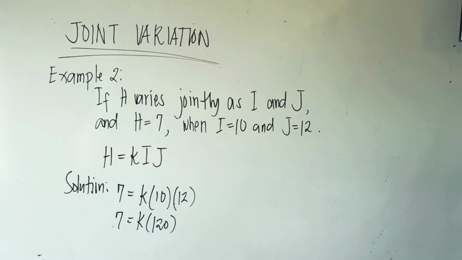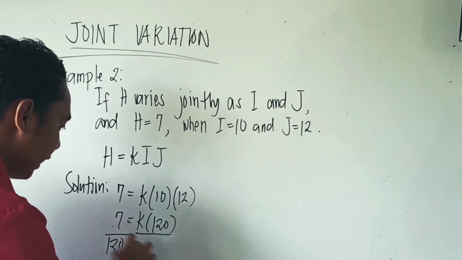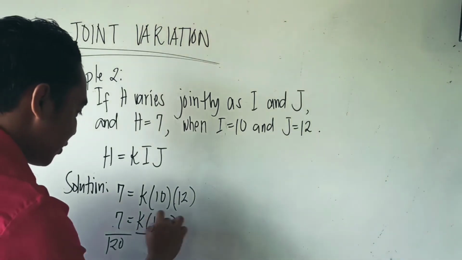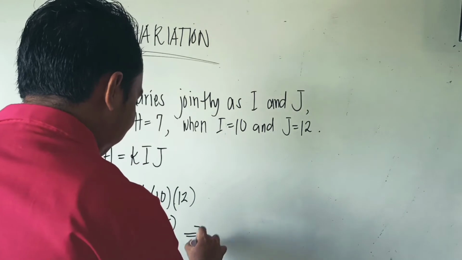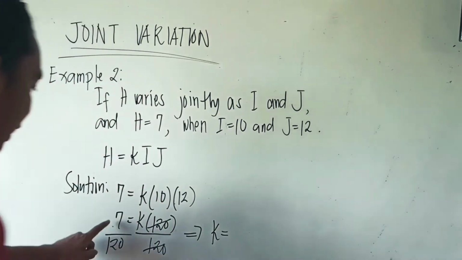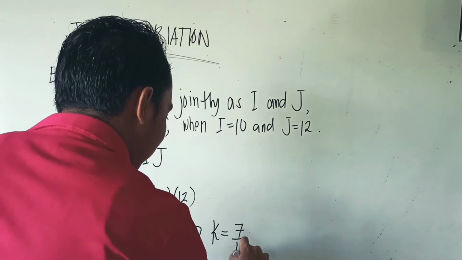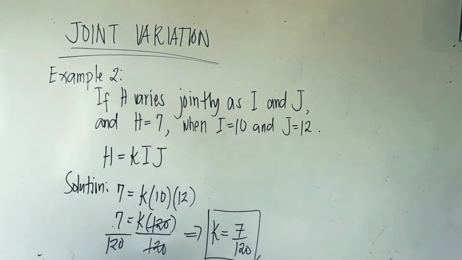Okay, now, para makuha yung k, same process, di ba? Divide both sides of the equation by 120. Again, 120 divided by 120, that is equivalent to 1. So, cancel out na yan. Therefore, k is equal to 7 divided by 120.